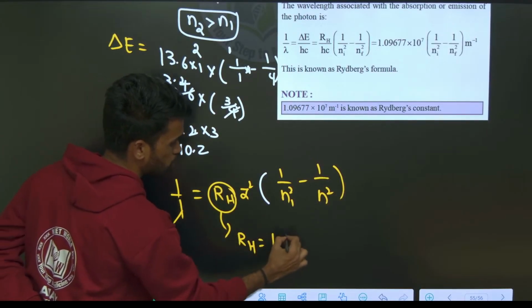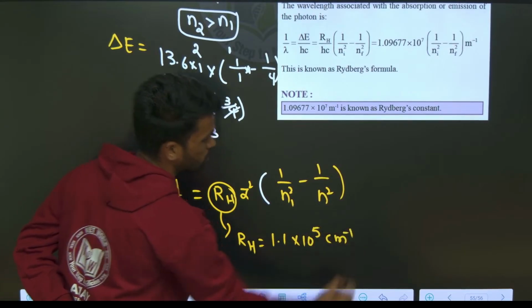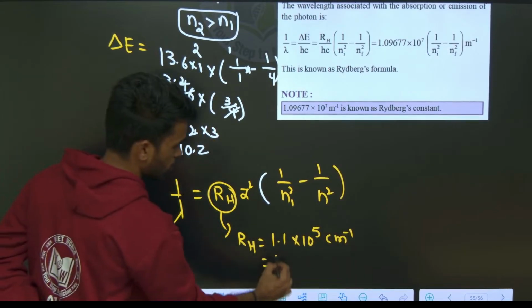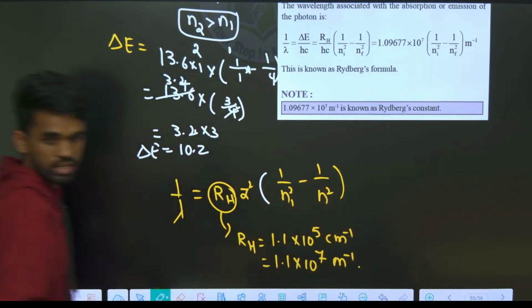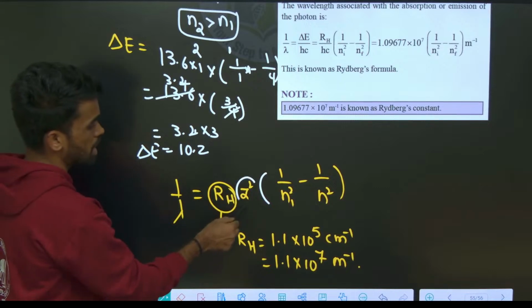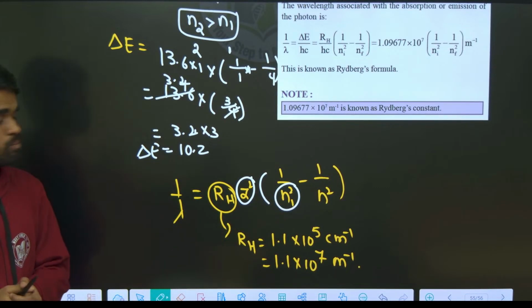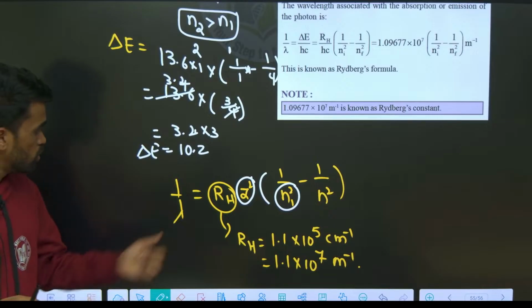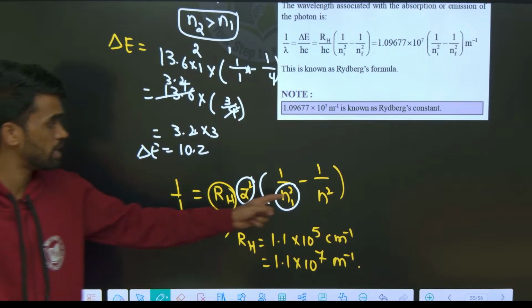How much is it? 1.1 into 10 power 5 centimeter inverse, or 1.1 into 10 power 7 meter inverse. Z means the atomic number, whatever number they give. For the first line of the Balmer series, if they ask how to find lambda, what are the N1 and N2?